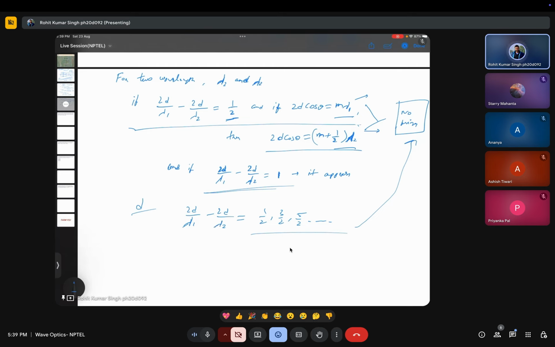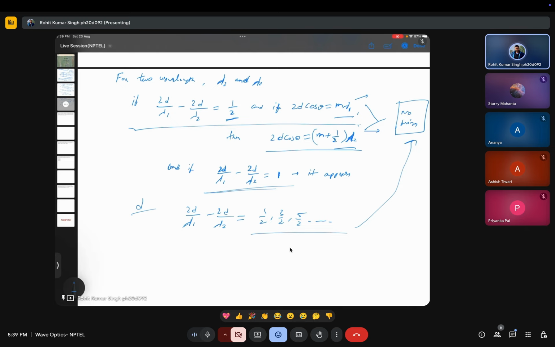So there will be a disappearance and appearance of fringes. So this experiment is also very nice. You can use a sodium lamp which has 2 lines, and you can check this using Michelson interferometer. Okay, so that is all for the Michelson interferometer.